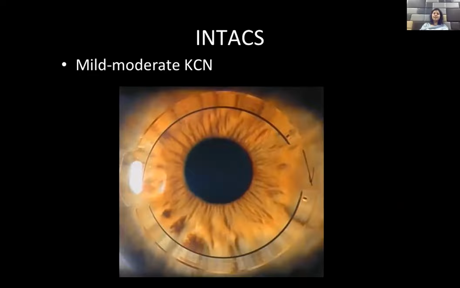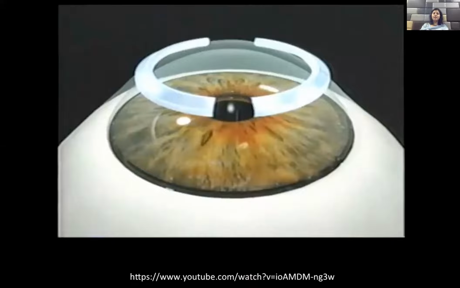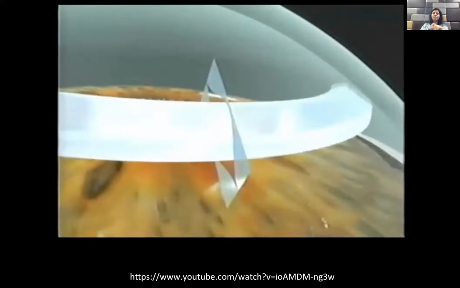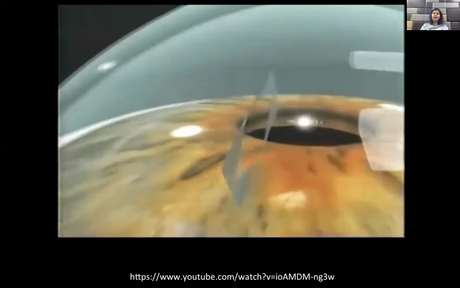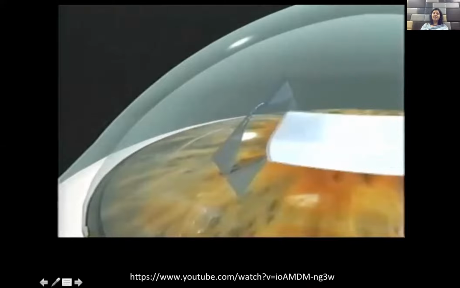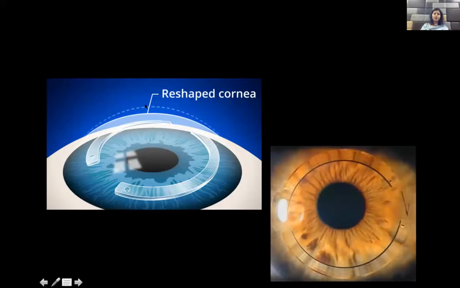So let's look at Intacs. Intacs are basically segments which can be put in cases with mild to moderate keratoconus, and they go into the stroma at about a 7 mm optical zone, and they cause flattening of the corneal surface. If you look at the dotted line, that's the abnormally protruded cornea, and after the Intacs ring segments have gone in, the shape of the cornea has become flattened.